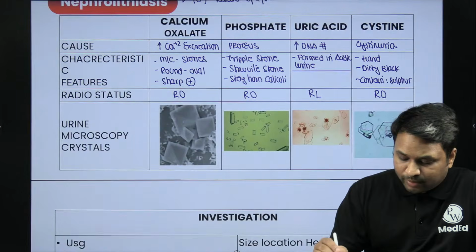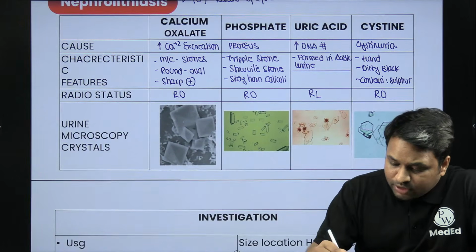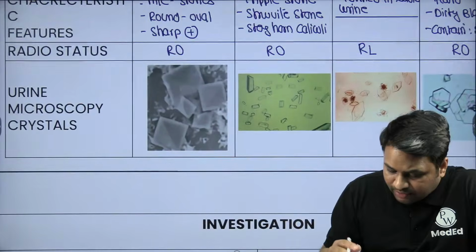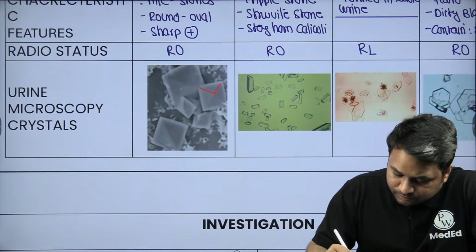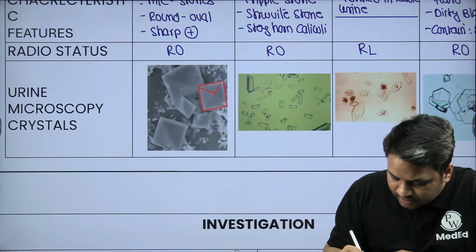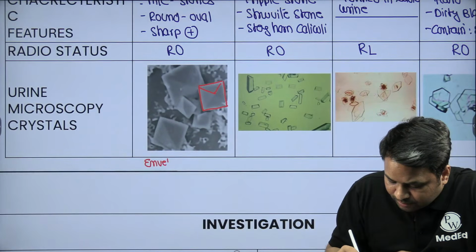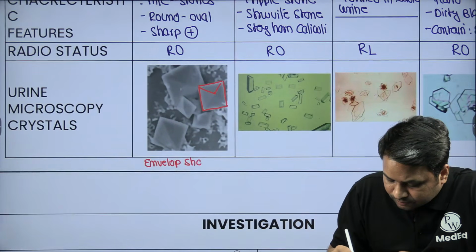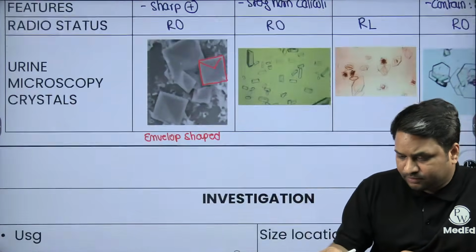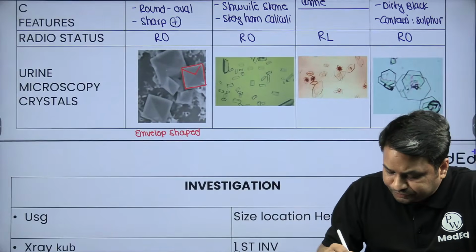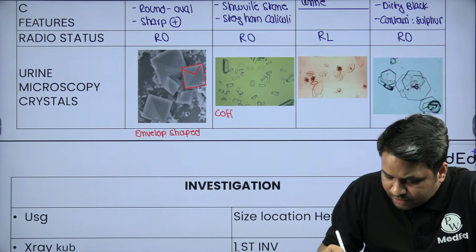When we talk about the crystals, the calcium oxalate stones have envelope-shaped crystals. So they look like this. Phosphate stones have coffin-lid crystals.